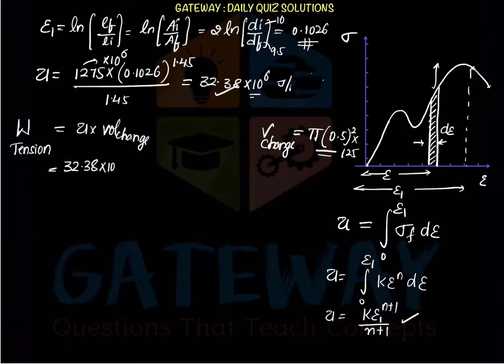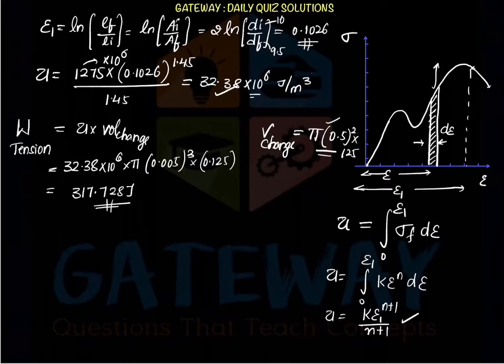So this becomes joule per meter cube. This is 10 power 6 into pi into 0.005 converting into meter, into 0.125 converting it into meter. Then the work done under tension comes out as 317.728 joules. Keep it aside.